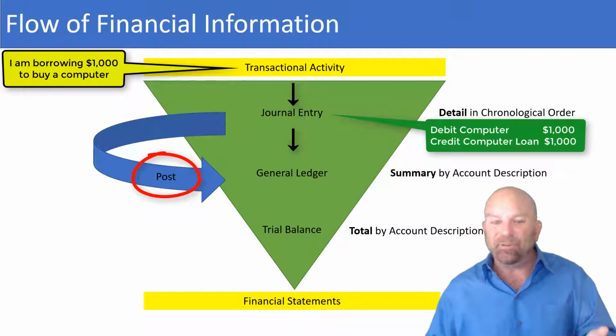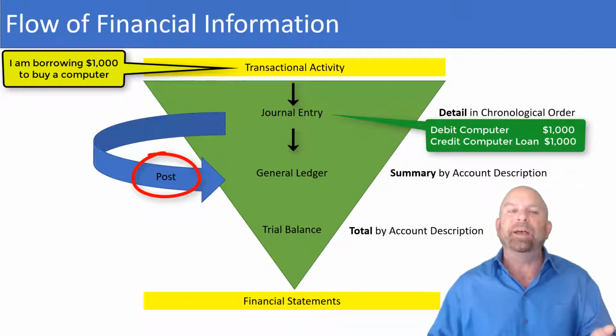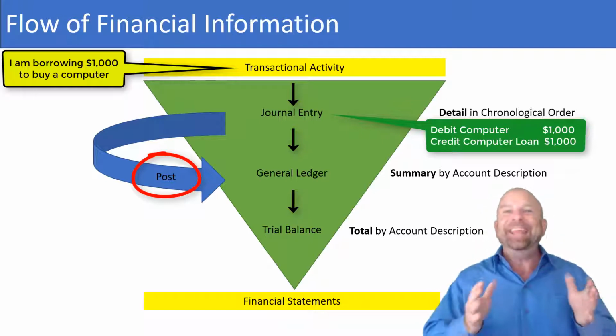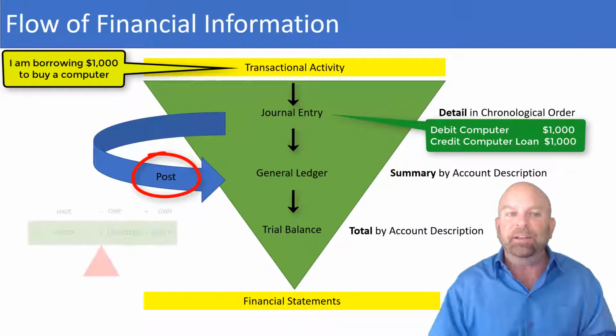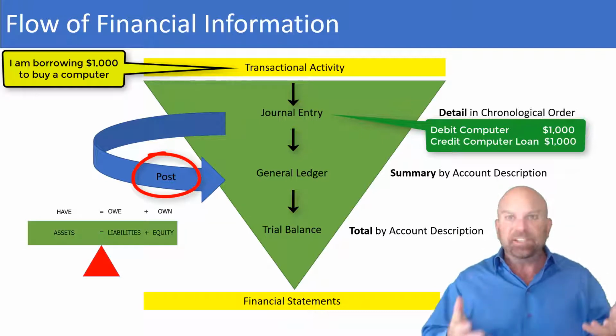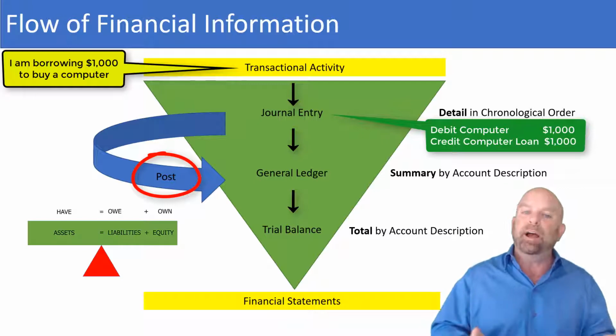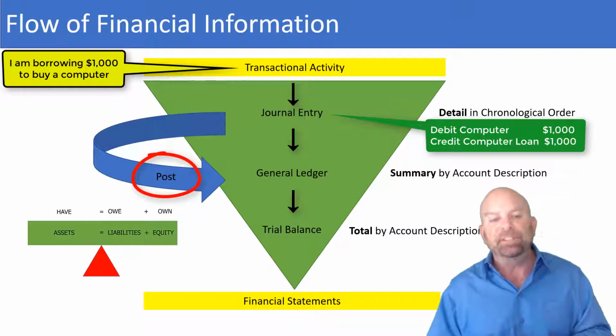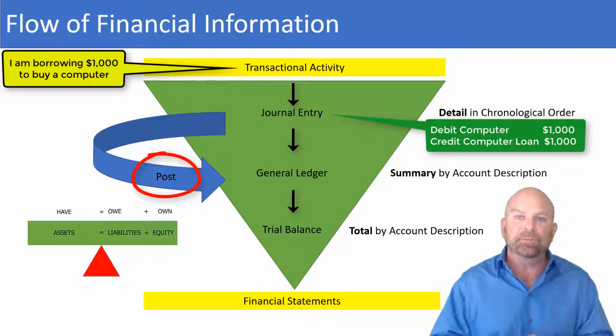And this summary from the general ledger flows to the trial balance, which is proof that our total debits equal our total credits. And this is also automated by QuickBooks. So the seesaw is always in balance. After the trial balance, QuickBooks automates the preparation of the financial statements.